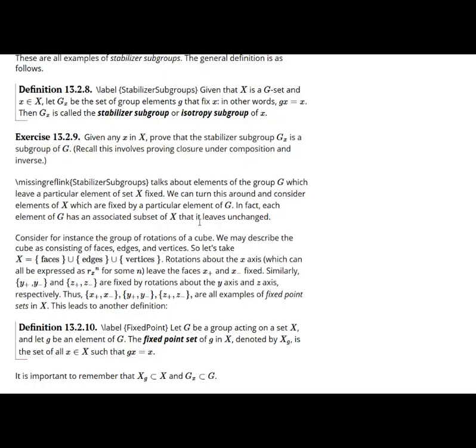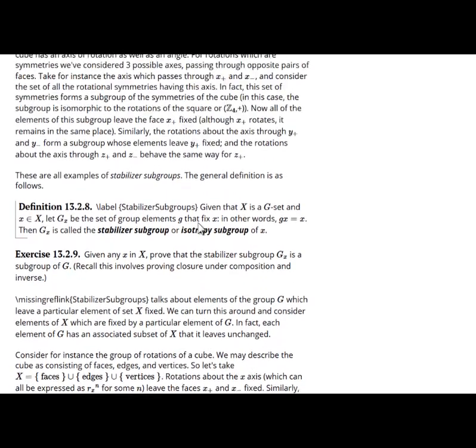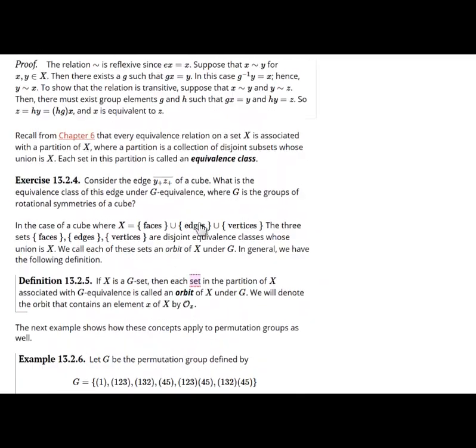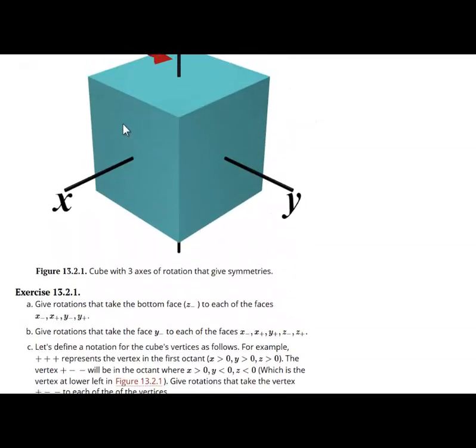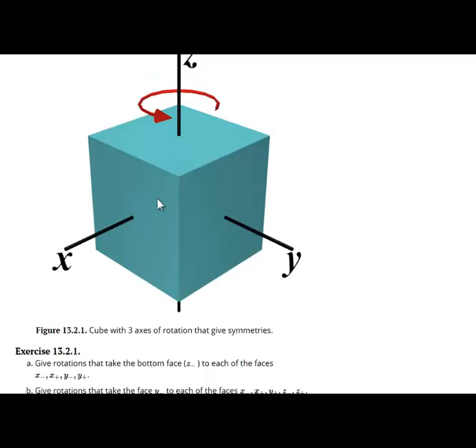Using our same example back here, if I take this face, then the set of four rotations that we talked about is the stabilizer subgroup for that face. But on the other hand, I can consider this rotation of 90 degrees about the x-axis and think about what points in the set X are stabilized by that 90-degree rotation.